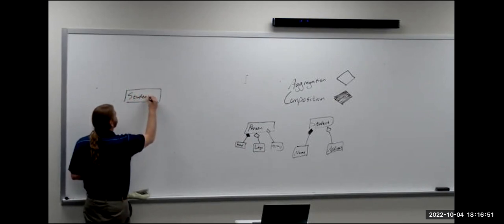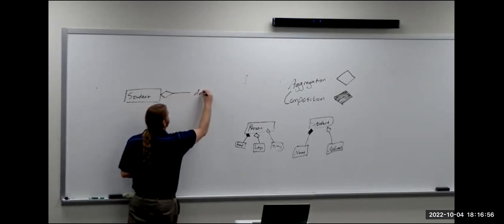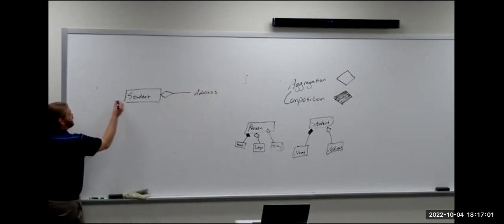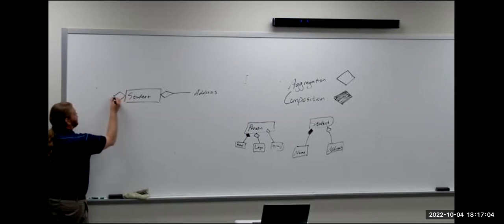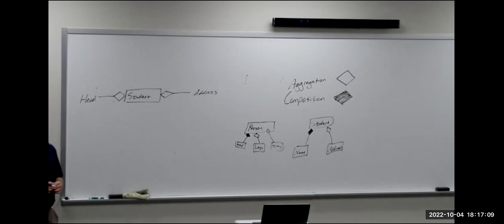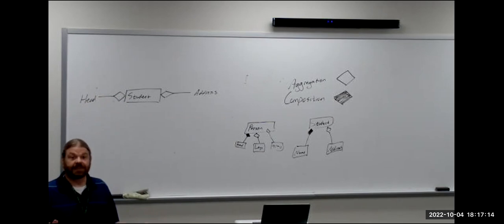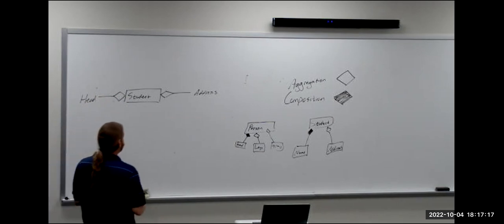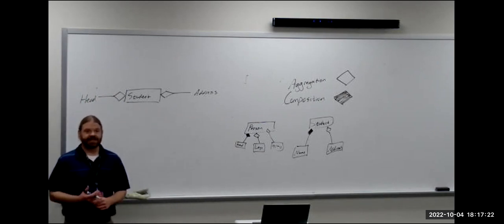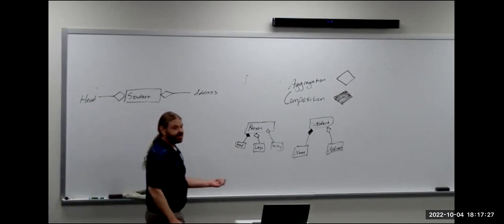Because that student object, there's going to be two relations to it. One thing in there is it has an address, but a student indicates it's a human, so it also has a head. They're both aggregations, but one of them can go a step further and be a composition as well, right? And I just phrased it in terms of that address is going to exist without the student.